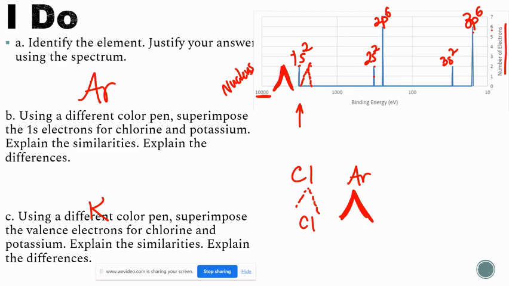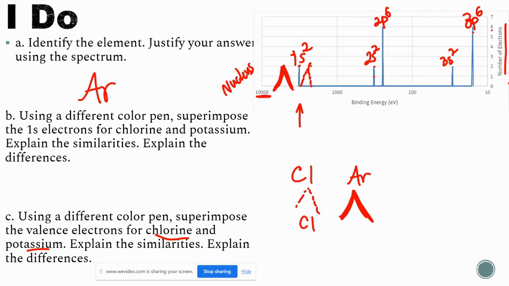Now, the next one is using a different pen color, superimpose the valence electrons for chlorine and potassium. Valence electrons are the electrons way out here. How many valence electrons is chlorine going to have? 7. Argon has 8.